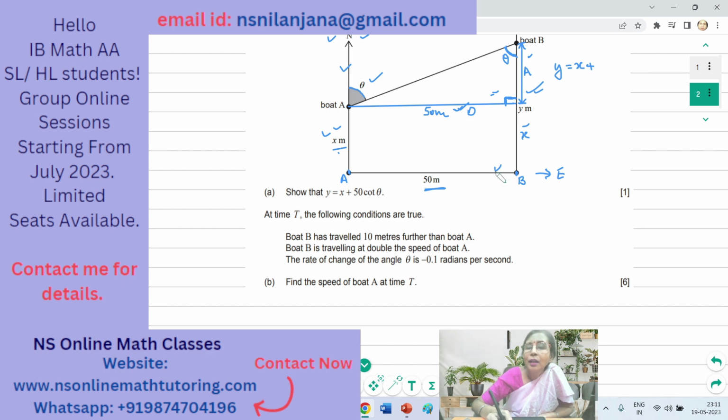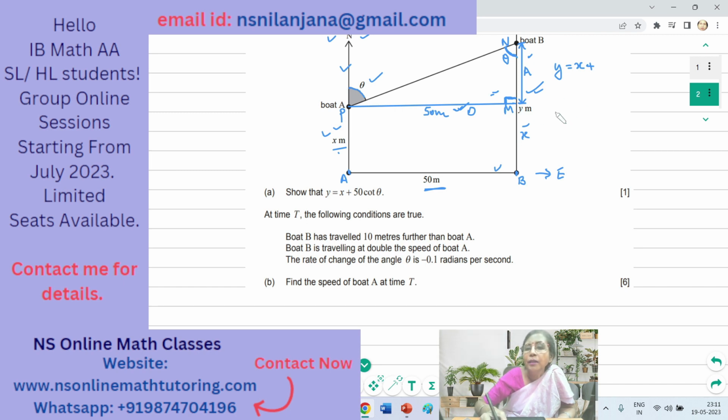Okay. And we need the length of, maybe I name this as M, this as N, and over here maybe this is P. So this is the triangle PMN. PN is 50 meters. We need MN.